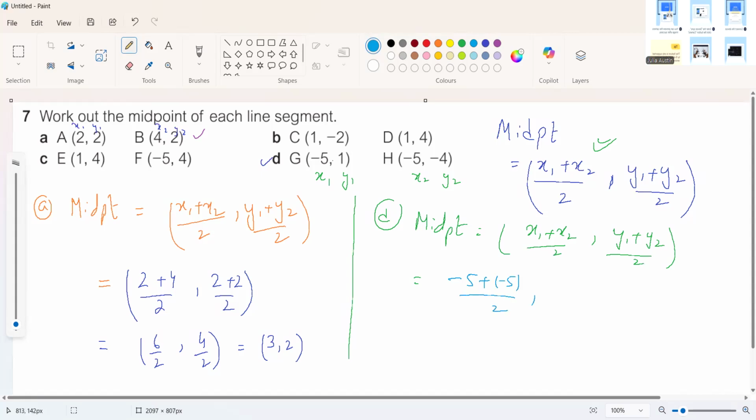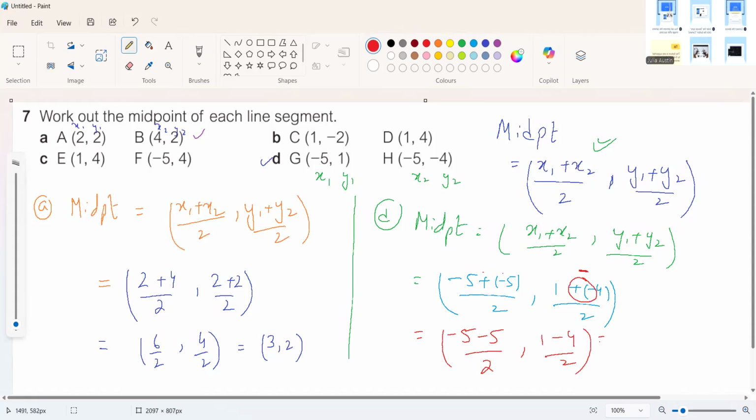Then I separate by a comma, then 1 plus minus 4 divided by 2. Now, since there are minuses involved, we know that plus and minus becomes a negative, right? So negative 5 divided by 2, separated by a comma. Same goes for here. This is a positive sign and a negative sign together, they make a negative. So 1 minus 4 divided by 2.